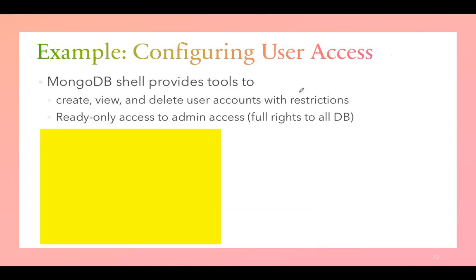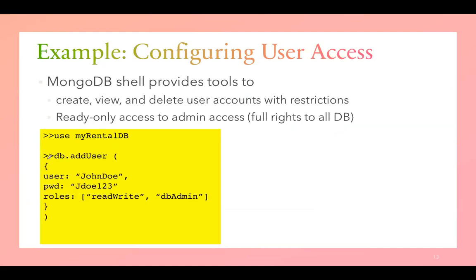Not only does it allow you to create, view, and delete user accounts with restrictions, it can allow you to change them as needed. So let's say I have a database which is called My Rental Database. And one of the things I can do is, the moment I use this command, implicitly this object will be created by default as a handler or as a pointer to this My Rental Database.